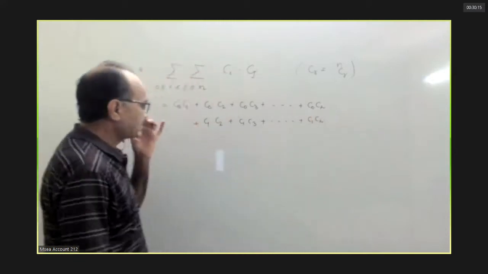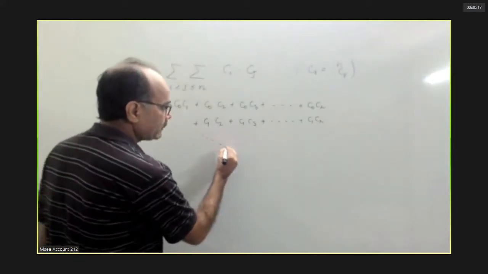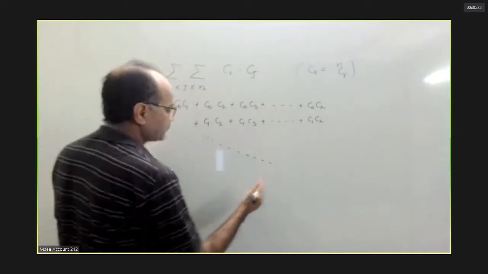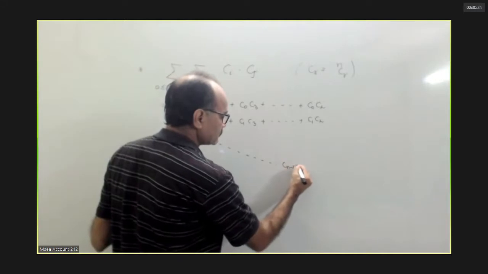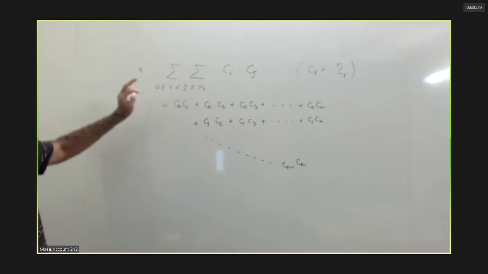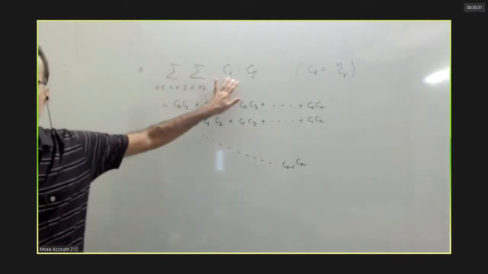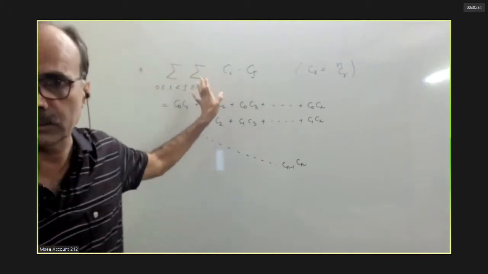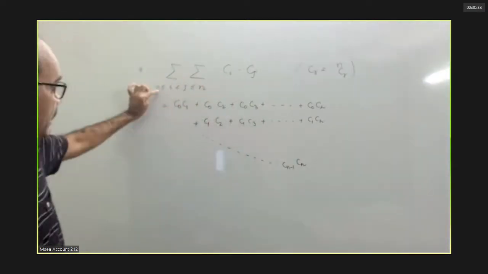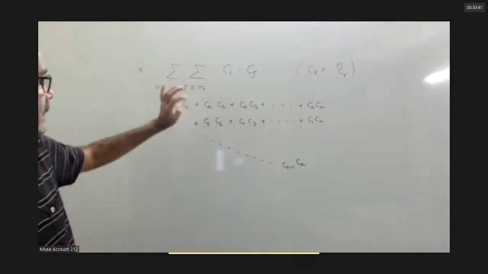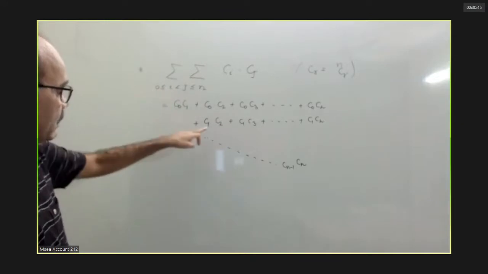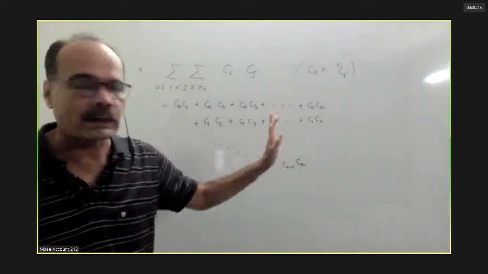Like that, we'll keep going till I will be n minus 1, J will be Cn. So the meaning of this double summation is this. This is the definition of double summation. Correct? Fixing I 0, varying J from 1 to n, then I will be 1, J will be 2, 3 up to n, like that.